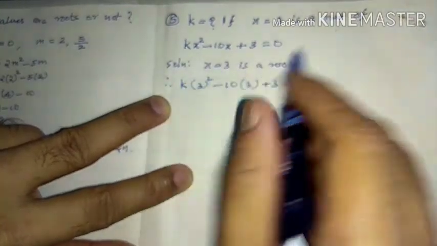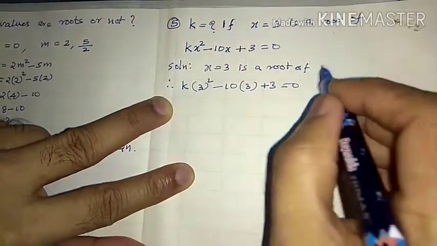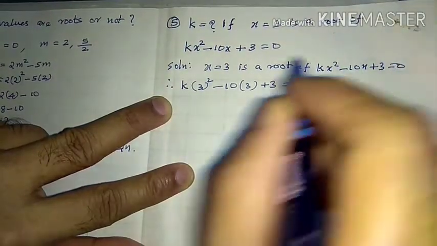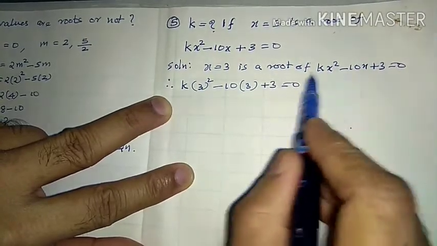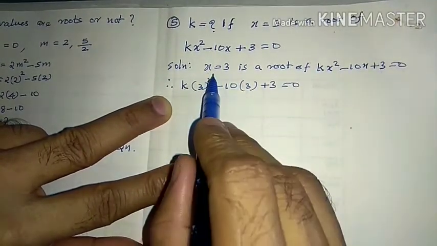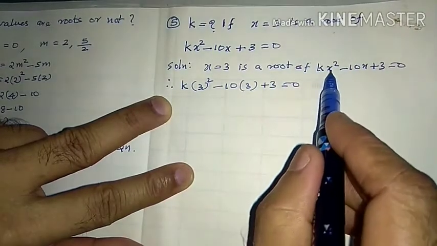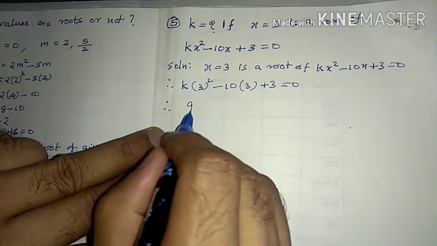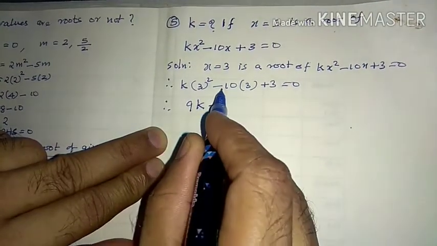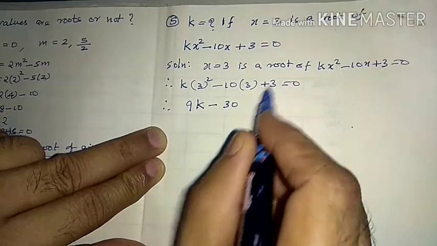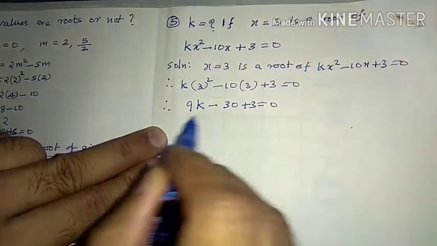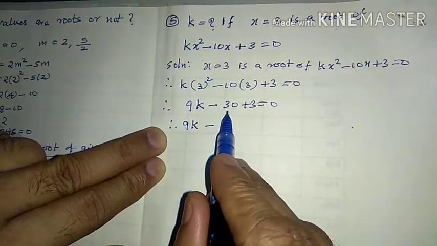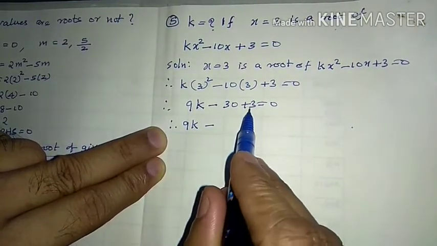Here, x is equal to 3 is a root of the given equation kx square minus 10x plus 3 equal to 0. Therefore, this x value we put here in this equation. This is a root, so this must satisfy this equation. So this is 3 square. Now 3 square, 9 times k, minus 10 threes are 30, plus 3 equal to 0. Therefore, 9k minus 30 plus 3.